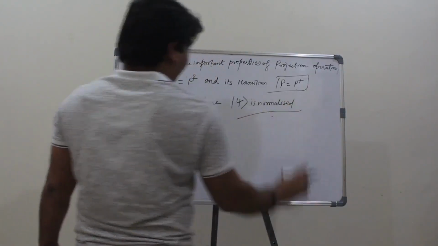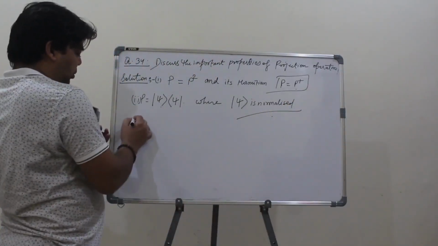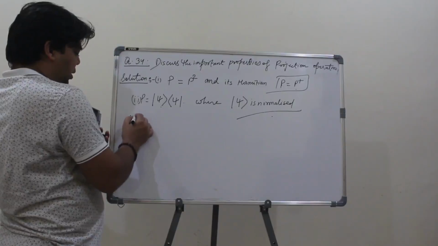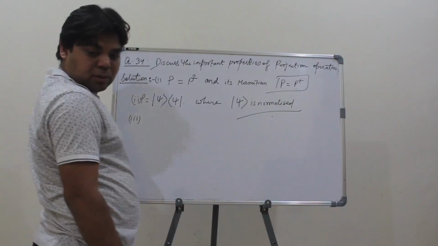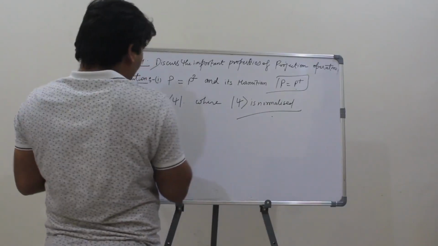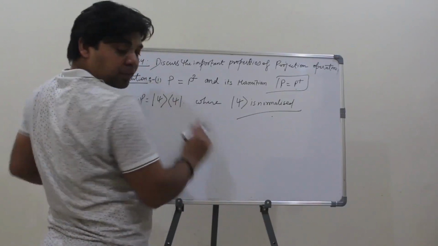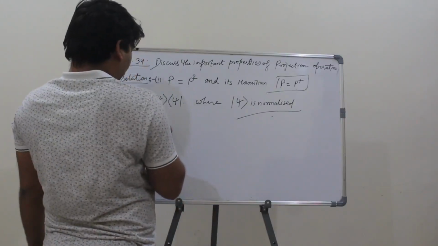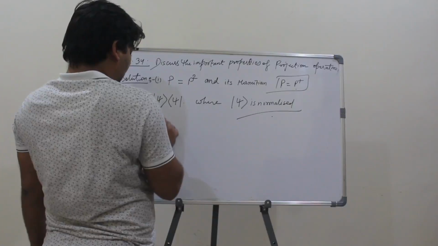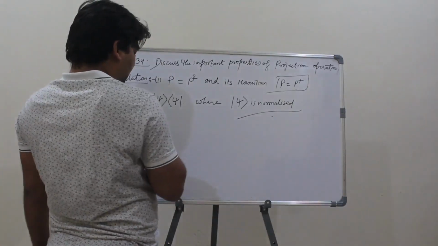Remember that. The third important property is that two projection operators are said to be orthogonal if their product is 0. If P1 is there and P2 is there, the product is there.